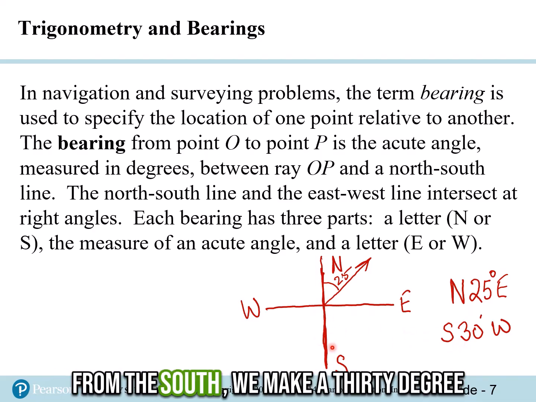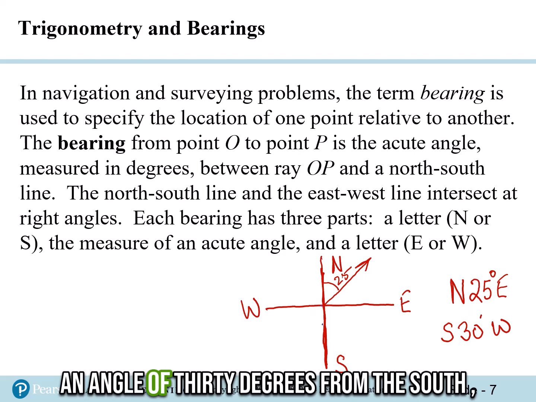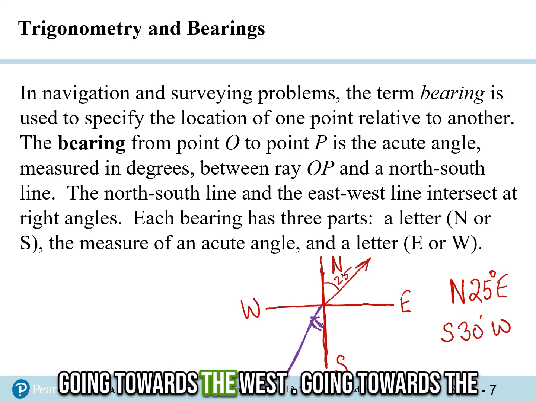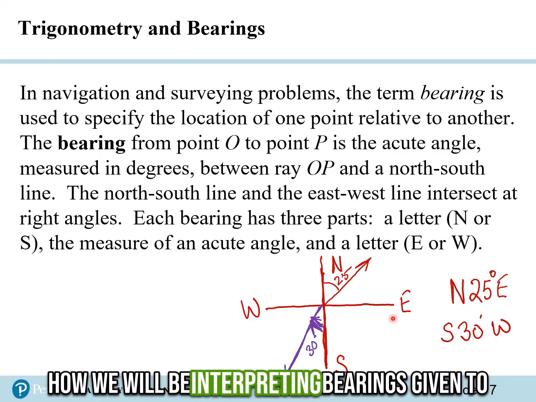And from the south, we make a 30-degree angle towards the west. So that means it is an angle of 30 degrees from the south going towards the west. Going towards the west, this is a 30-degree angle. So that's how we will be interpreting bearings given to us.